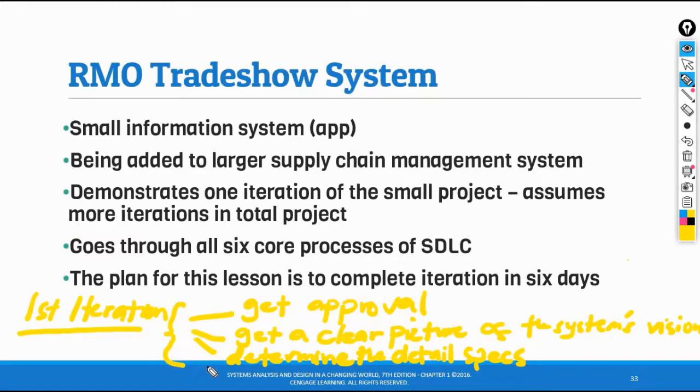I will show later an example of a system vision document and then develop one portion of the overall system.